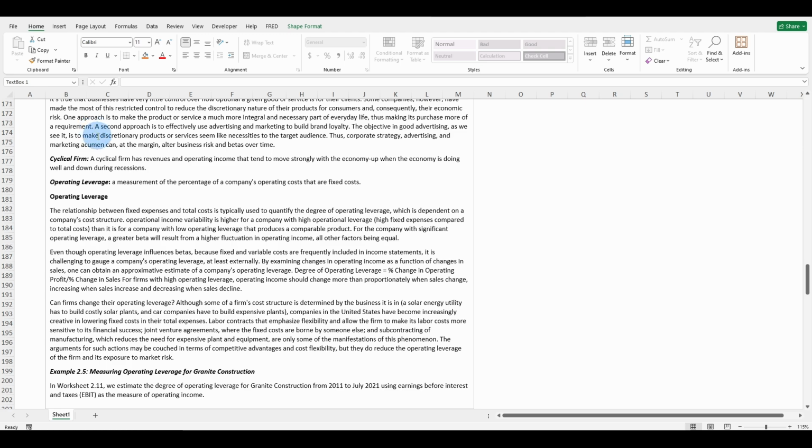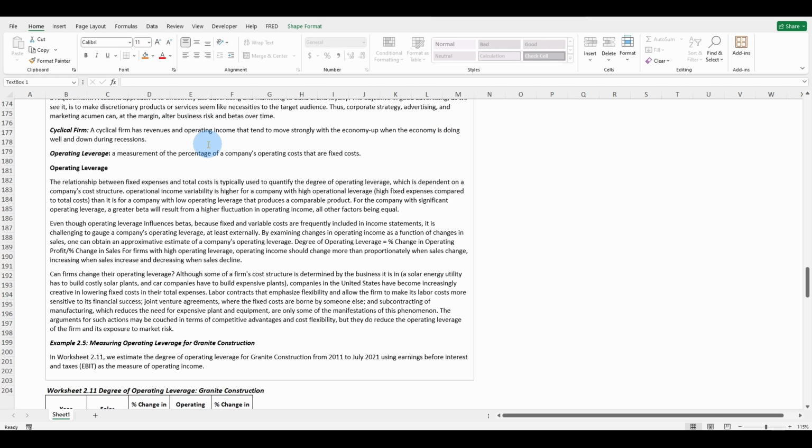The second approach is to effectively use advertising and marketing to build brand loyalty. The objective in good advertising, as we see it, is to make discretionary products or services seem like necessities to the target audience. Thus, corporate strategy, advertising, and marketing can, at the margin, alter business risk and betas over time.